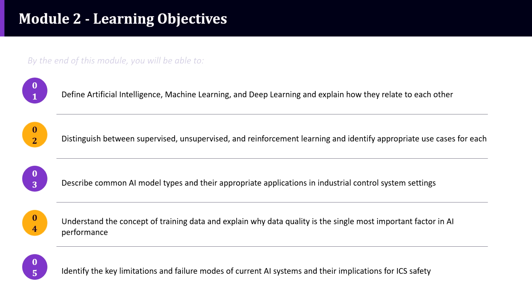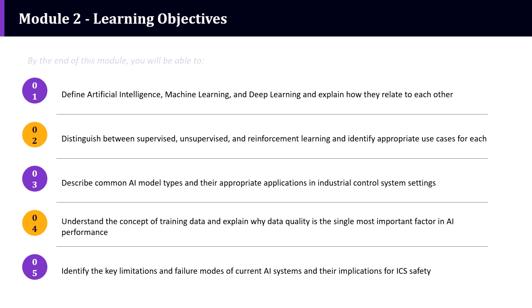Objective 3. We'll look at specific model types and map them to industrial control system use cases, so you'll know, for example, which type of model is typically used for predictive maintenance versus process anomaly detection. Objective 4. We'll talk about data, because in my view, data quality is the single most important factor in whether an artificial intelligence project succeeds or fails.